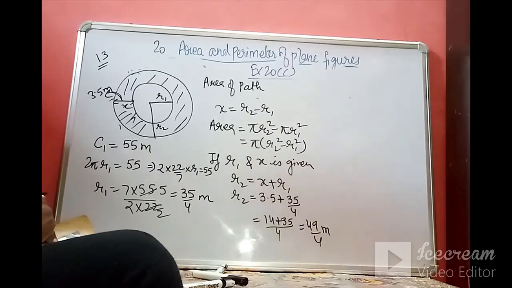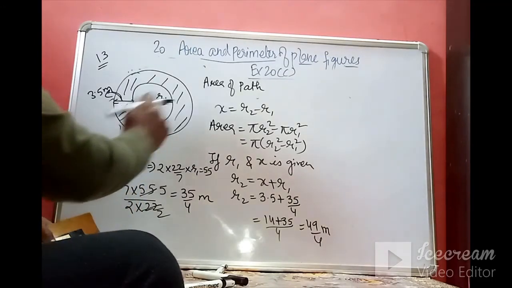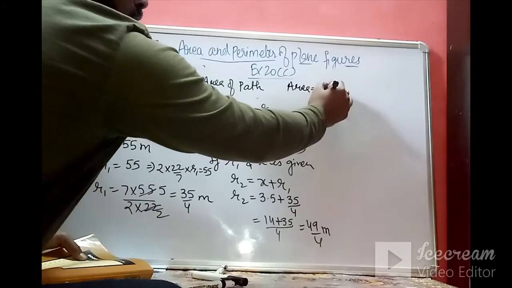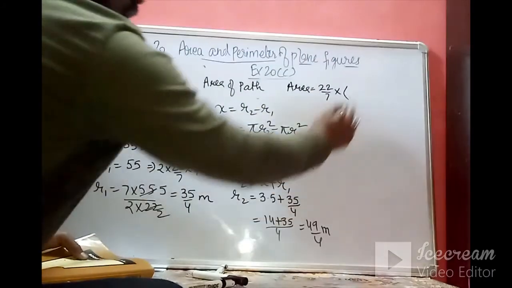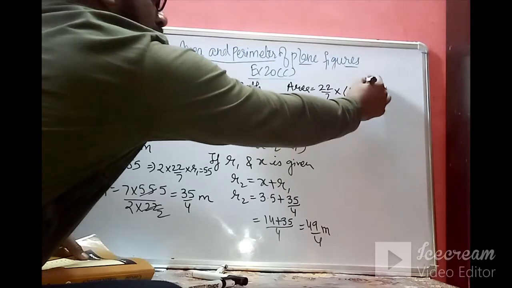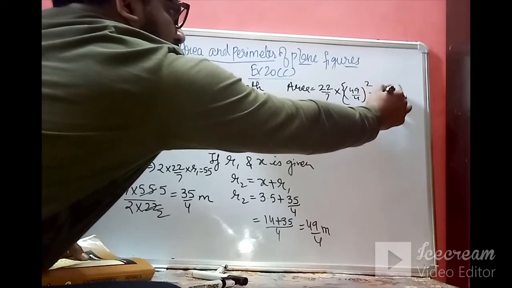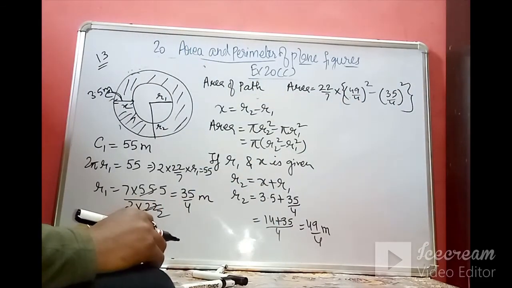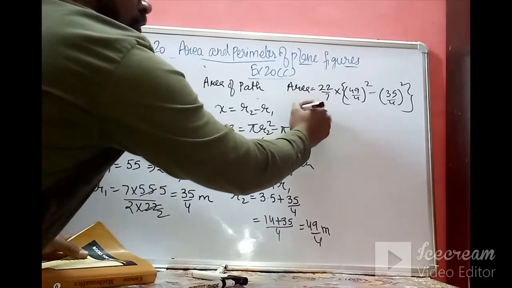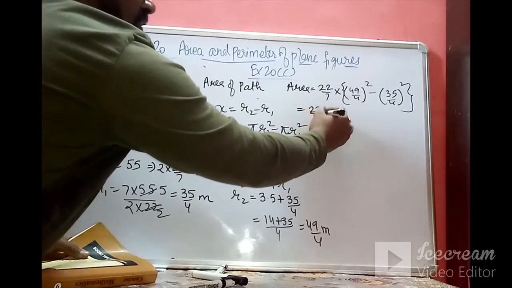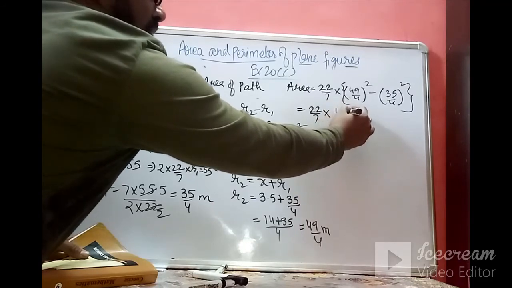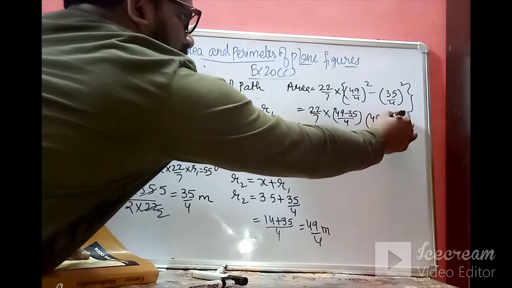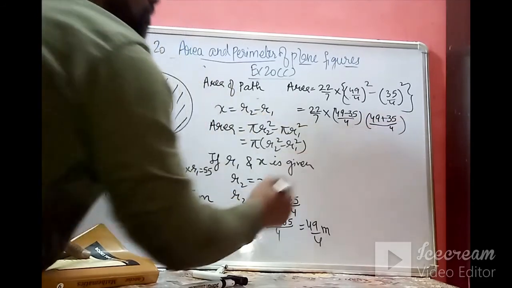Okay, so at last we have to calculate this area. So what will be the area? Area will be, we use this formula, 22 by 7 into R2, that is 49 upon 4, square, minus 35 upon 4 square. Okay. Then here I am using the concept of a square minus b square, that is a minus b into a plus b. So I will get 49 minus 35 upon 4 and 49 plus 35 upon 4.